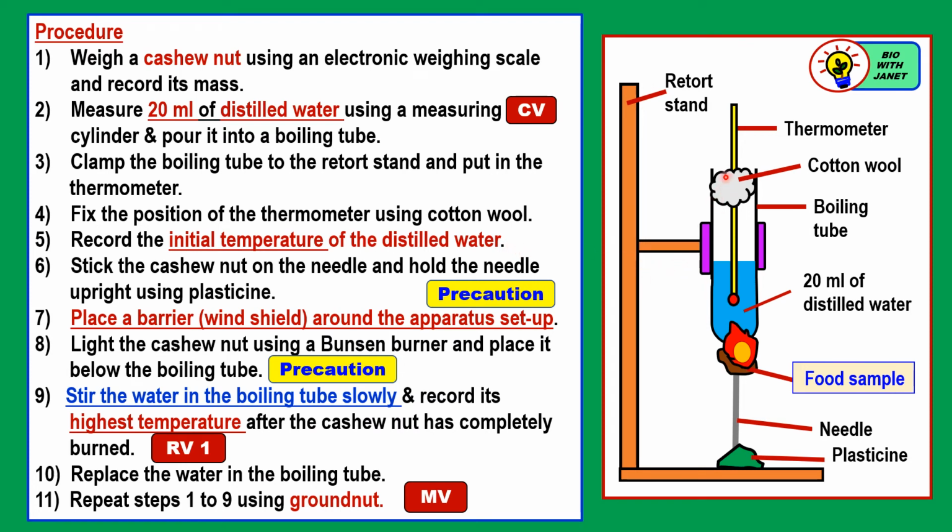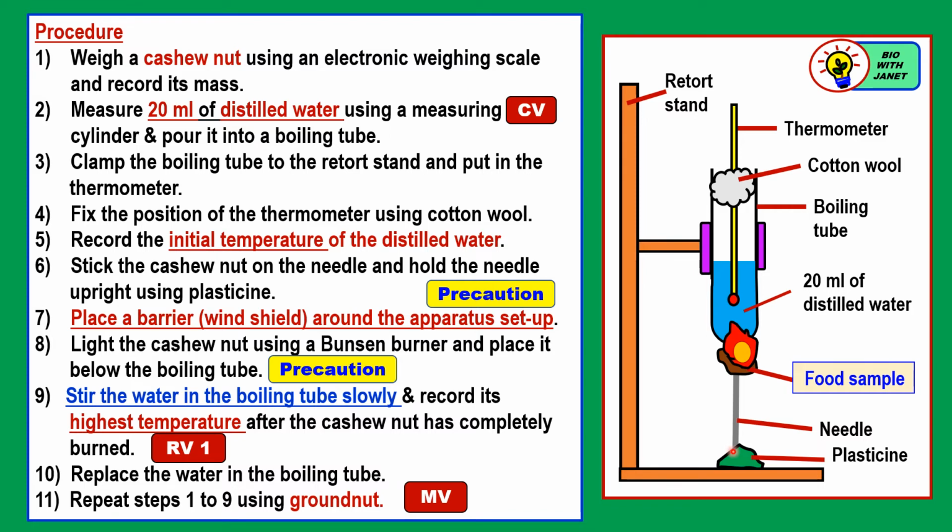Alright. So you have fixed the position of the thermometer. Next, record the initial temperature of the distilled water. Right, so measure the temperature of the water. Then stick the cashew nut on the needle and hold the needle upright using some plasticine.